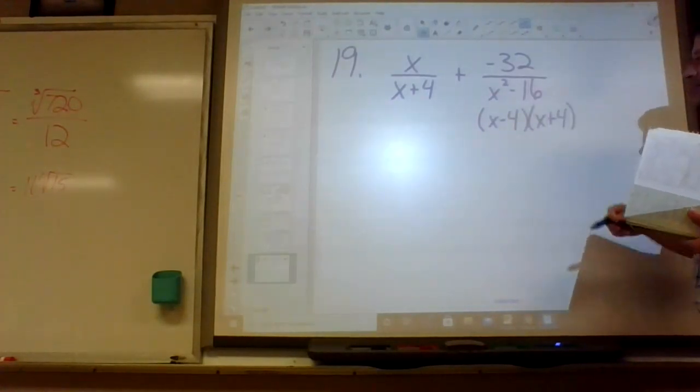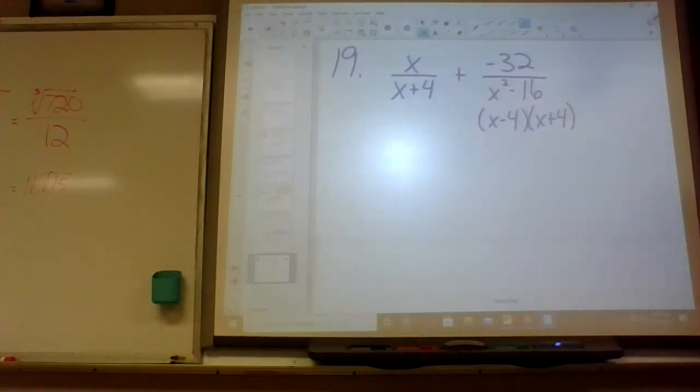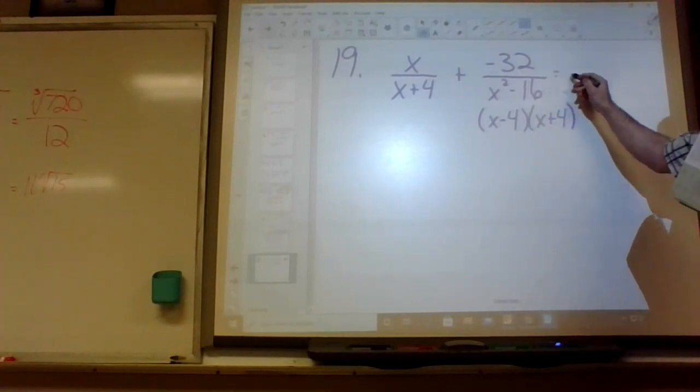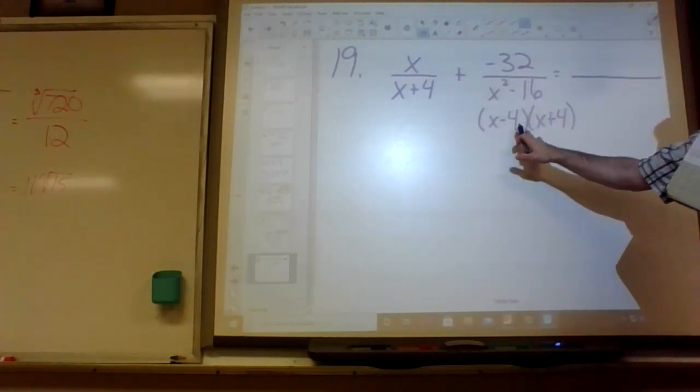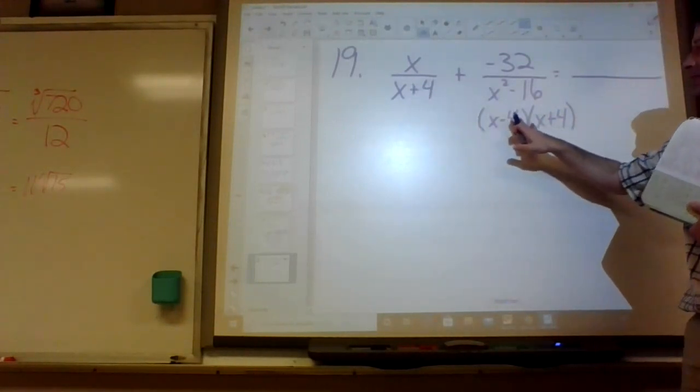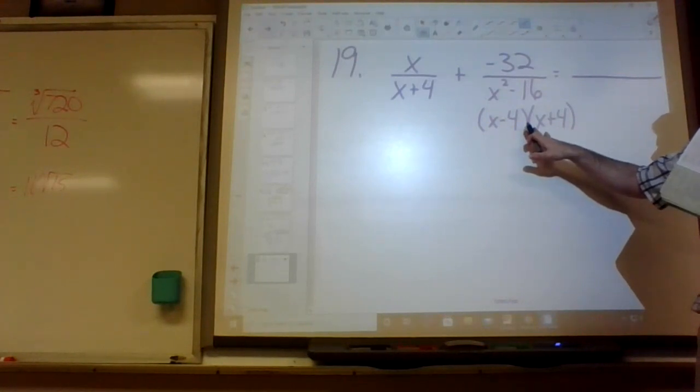If your denominators factor, you should factor them. Now what's going to be the common denominator between this and this? What do they both go into?